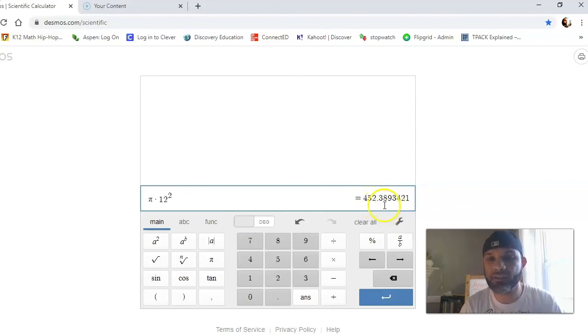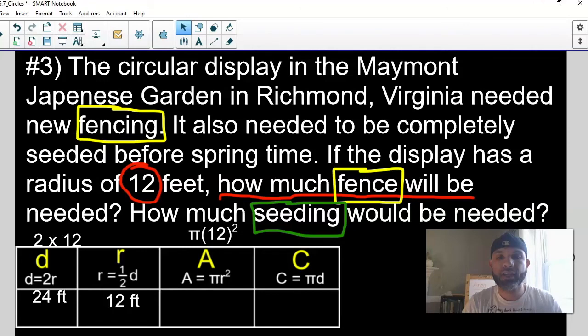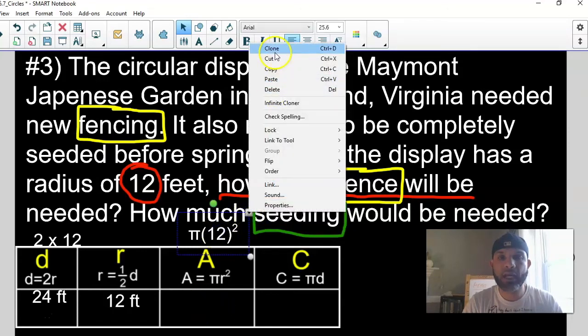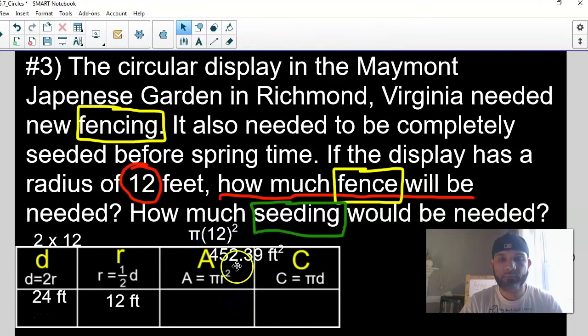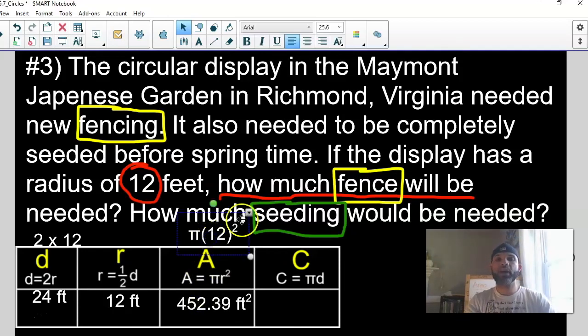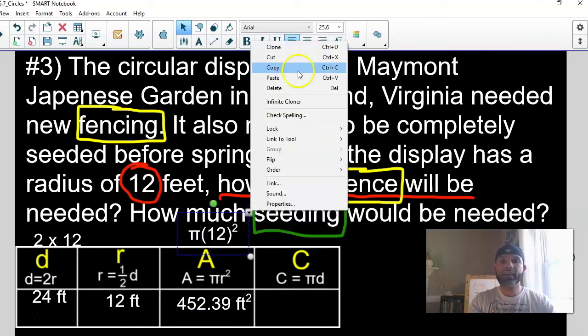That 9 tells us to round up to 8, so 452.39 feet squared.